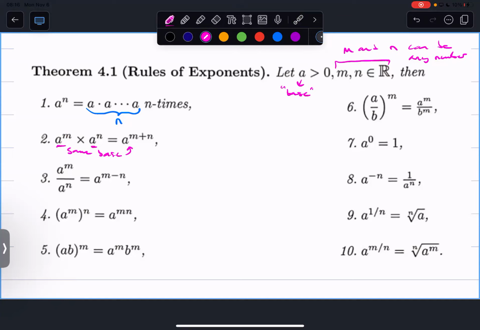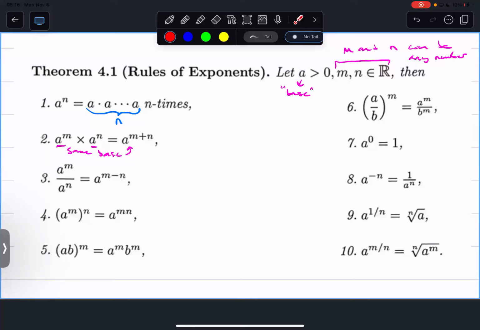Or often we want to move the other way: from a to the power of m plus n, I can rewrite it as a to the power of m times a to the power of n. Being able to move back and forth between these is going to be very important.